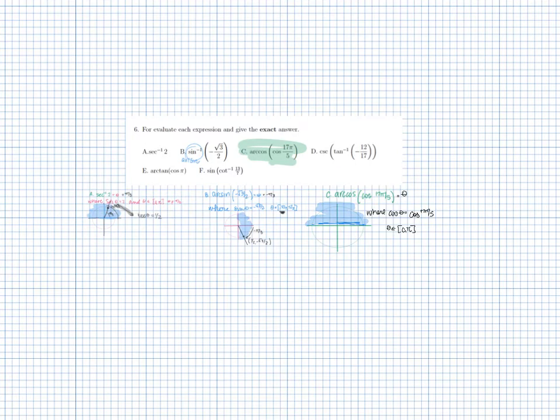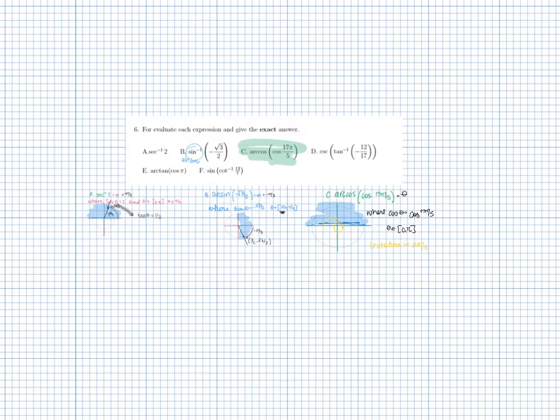So let's figure out exactly where 17 pi over 5 would be. So if I'm going to rotate around once, that's 10 pi over 5. So if I rotate around here, that's one more pi, so that would be 5 pi over 5.